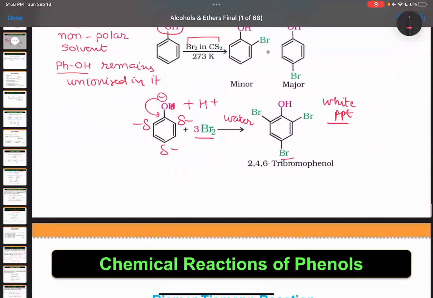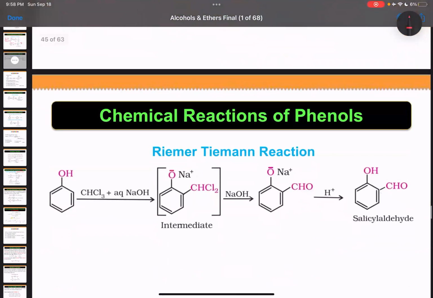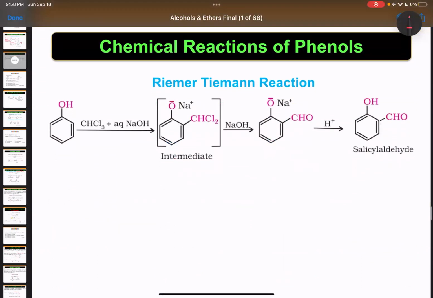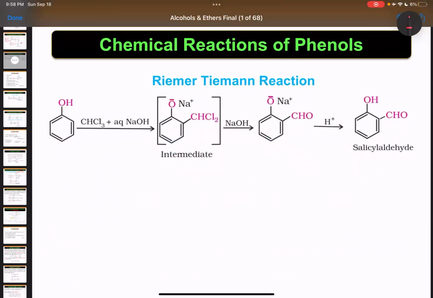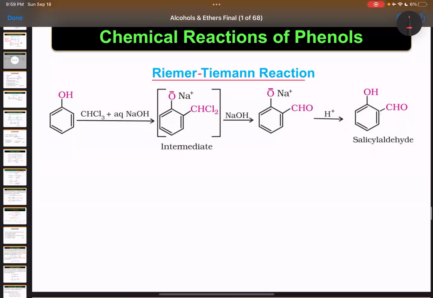Okay. Now the next very important reaction of phenol is the Reimer-Tiemann reaction. So Hanifa and Samaira, can you tell me what this is about? What is the reagent we take? What do we get? Yeah, quickly tell me.